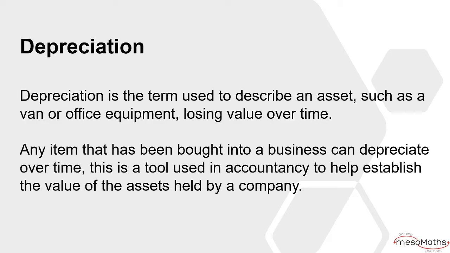Okay, let's start looking at the main part of the lesson then. Let's look at depreciation. So it's a term used to describe an asset, such as a van or office equipment, losing value over time. Any item that's been bought into a business can depreciate over time, and depreciation is kind of a tool that accountants would use to establish the value of assets held by a company.